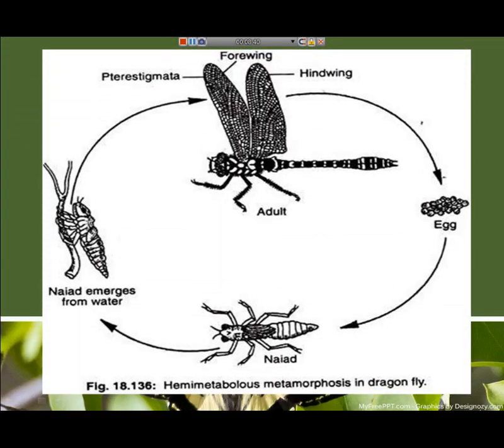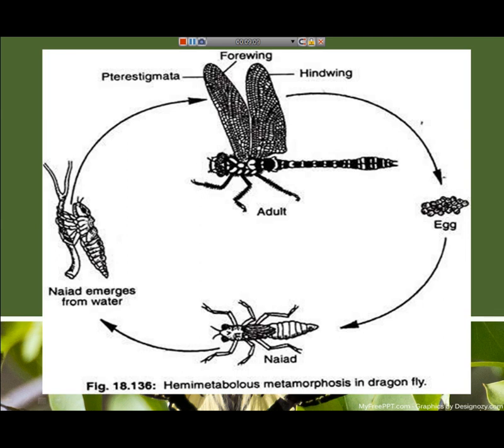The naiad and the adult usually differ a lot in appearance, although the naiads gradually develop wings. As we can see here, the stages of the life cycle of a hemimetabolous insect resemble paurometabolous development, except the nymphs are called naiads. So later on, we will discuss paurometabolous development, and then you can compare.